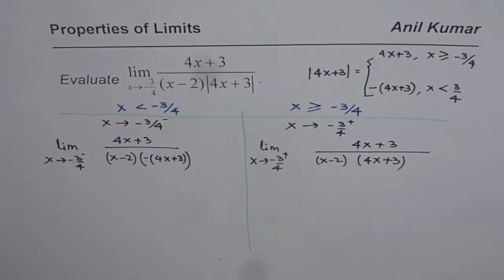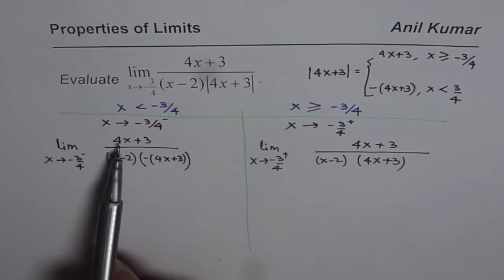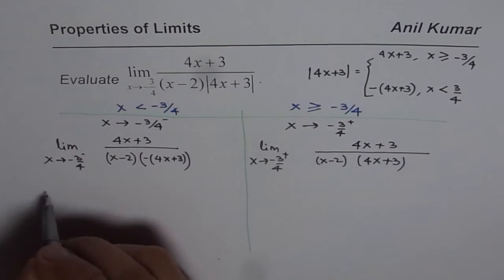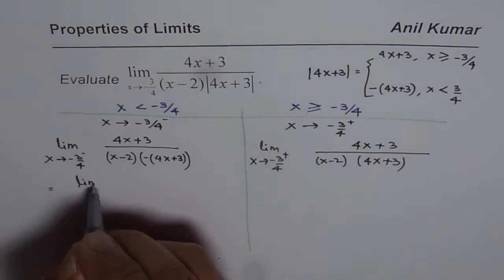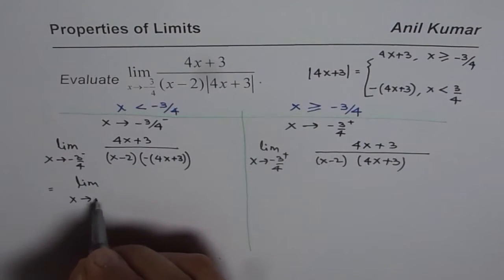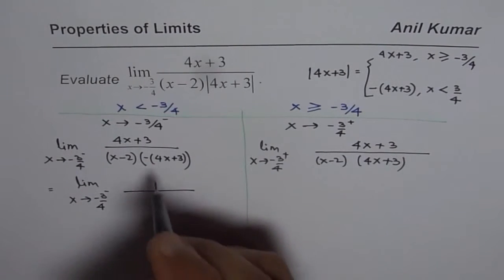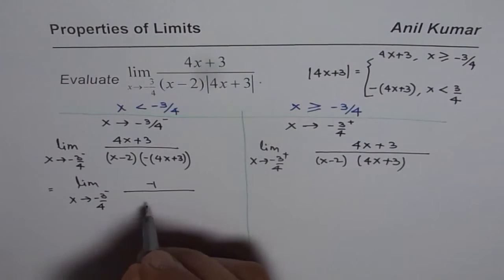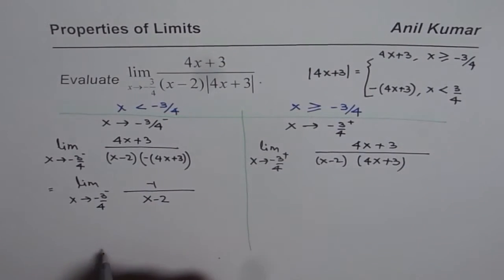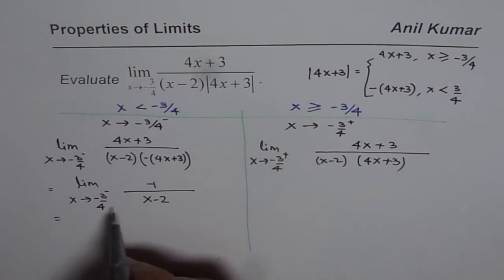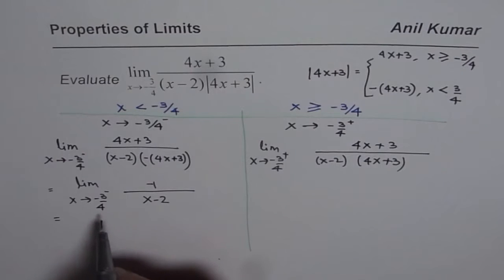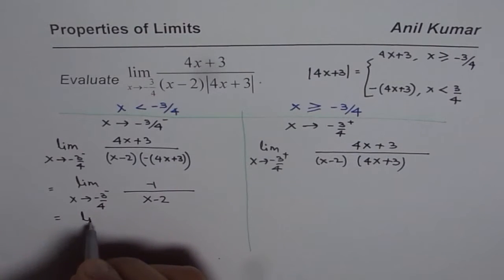Now, this is the negative of 4x plus 3, so it can be simplified as the limit as x approaches minus 3 over 4 from the negative side, and once you cancel, you get negative 1 over x minus 2. Now if I substitute x with minus 3 over 4, what do I get?